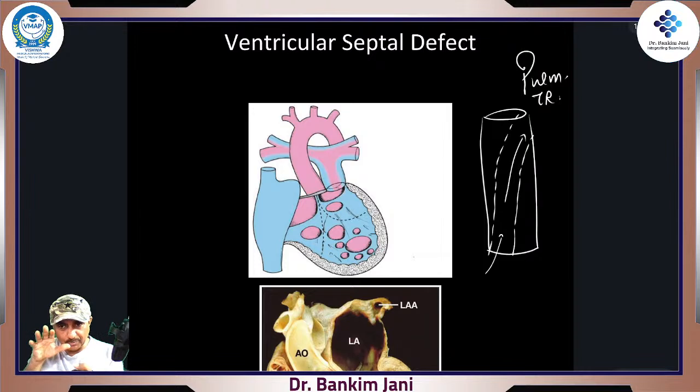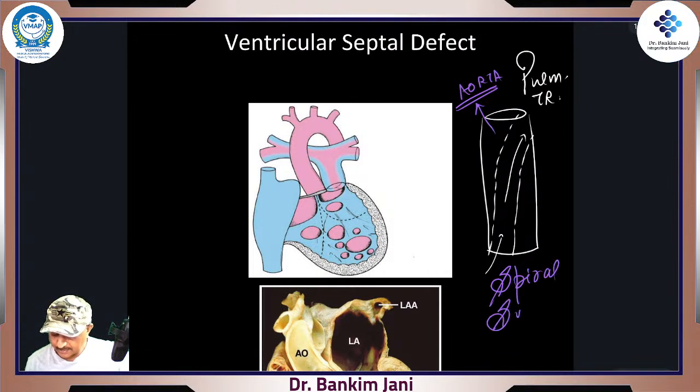Now, the rest of the portion, whatever remains, forms another tube, and the surrounding areas are resorbed. And that one becomes the aorta. So now they both are separate. They both get separated because of the spiral septum. Very interesting thing, how it rotates.